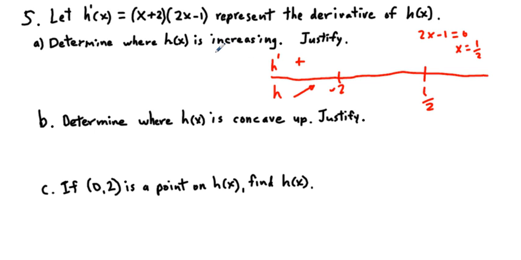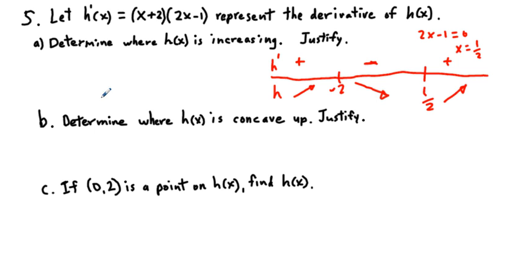If we take a number between negative 2 and 1/2, we're going to get maybe 0. If we plug in 0, we'll get 2 times negative 1. We'll get negative. And then to the right, if we use 1, say, we get positive times positive.